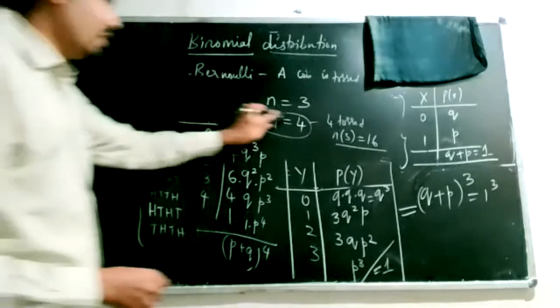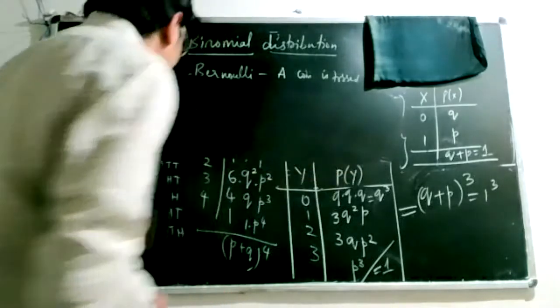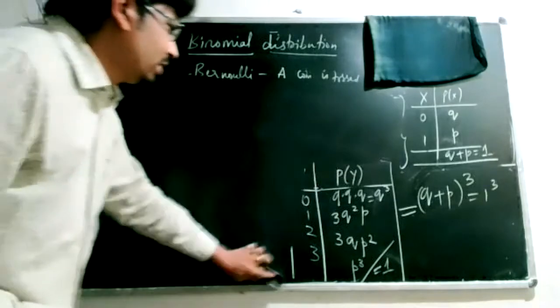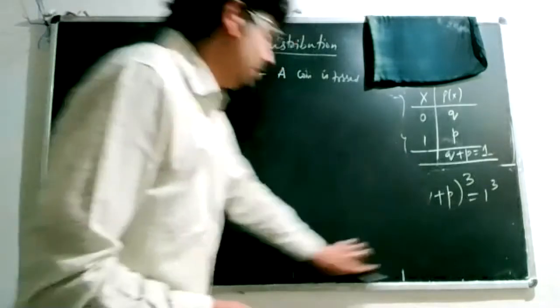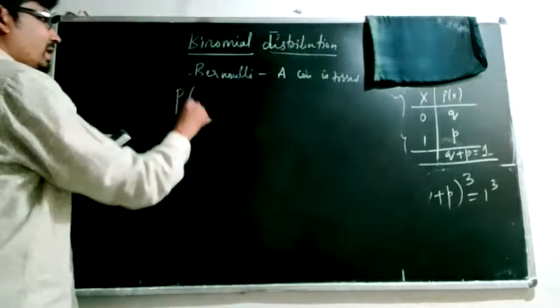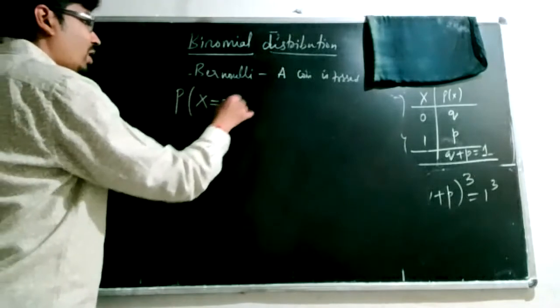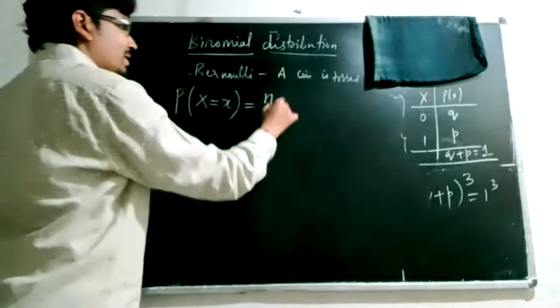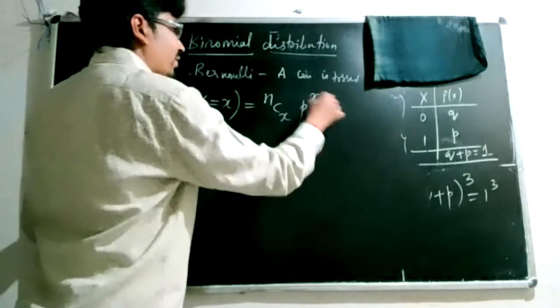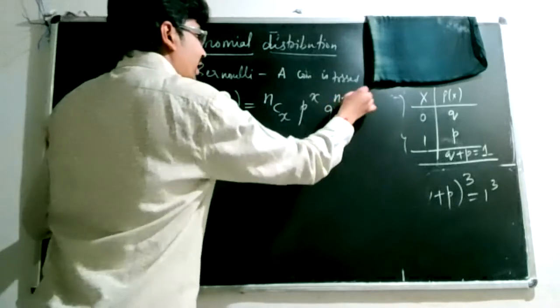Now, in general, if you write this experiment for n cases, we can say the probability model is nCx, p to the power of x, q to the power of n minus x.